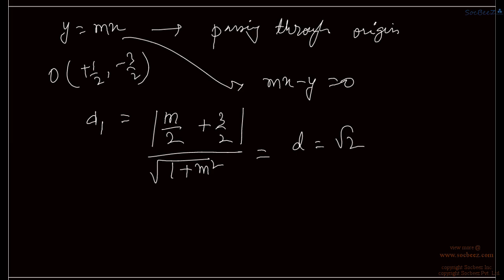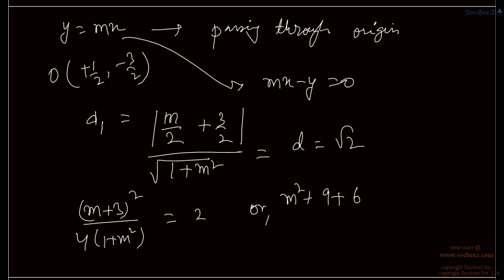Okay, squaring both the sides, we have (m plus 3) square upon 4 times (1 plus m square) is equal to 2, or we can write it as m square plus 9 plus 6m is equal to 8 plus 8m square, or we have 7m square minus 6m minus 1 is equal to 0.